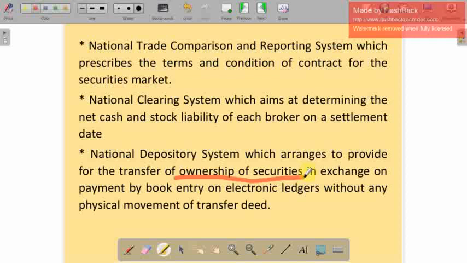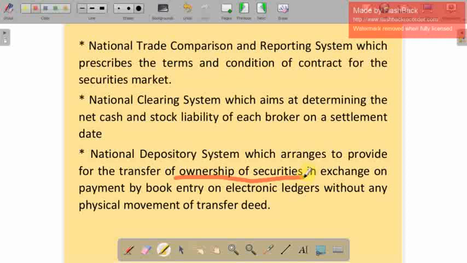When the person gives payment to me, immediately ownership also changes to him. Without any physical movement, no need to write any document or sign anything, the ownership is immediately changed. So these are the three segments: prescribing the terms and conditions, the settlement date, and the exchange of ownership of securities instead of any physical movement.